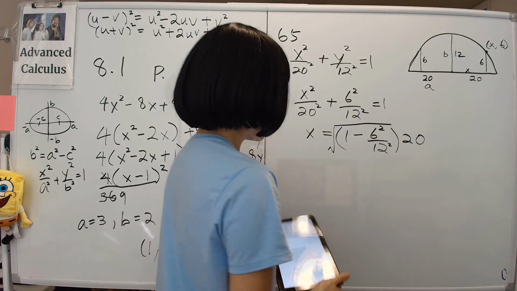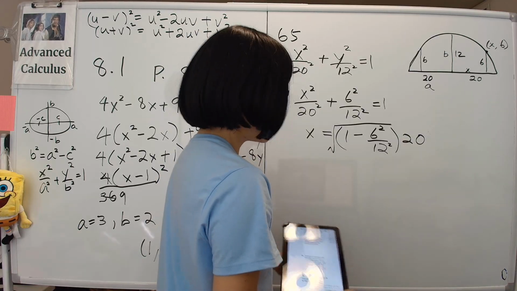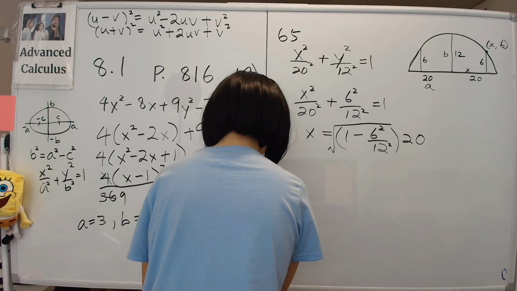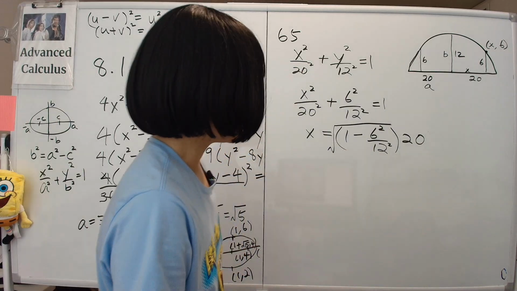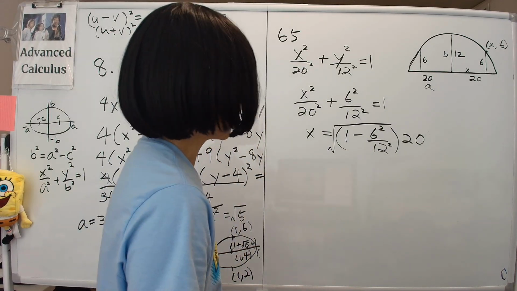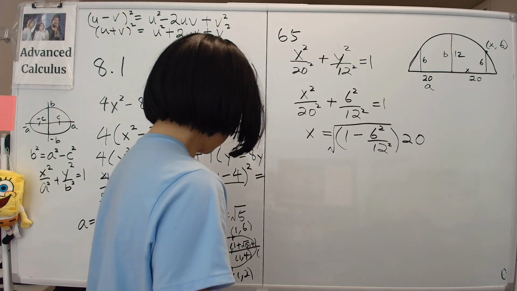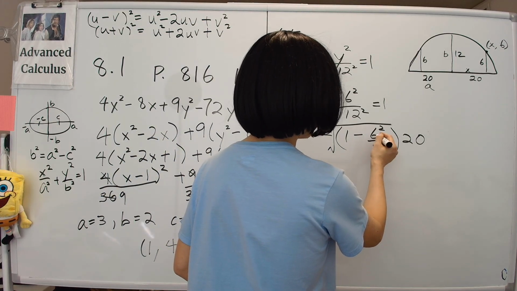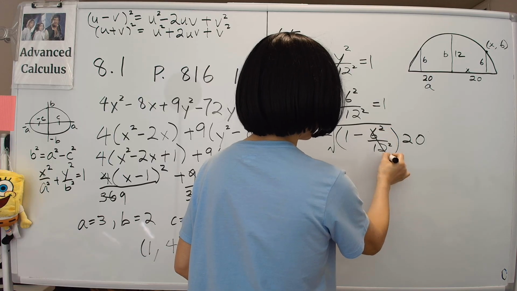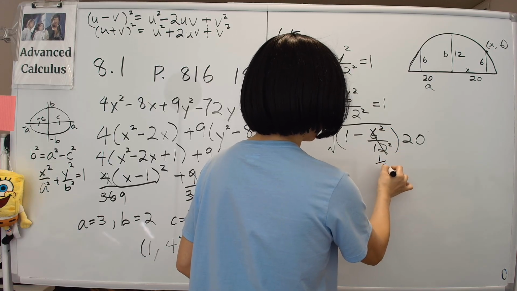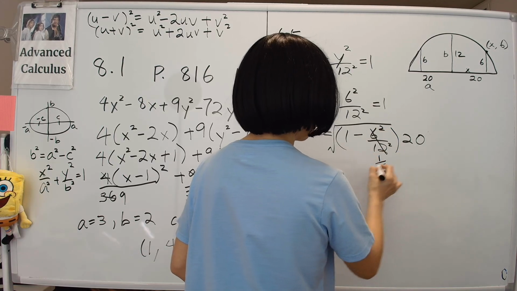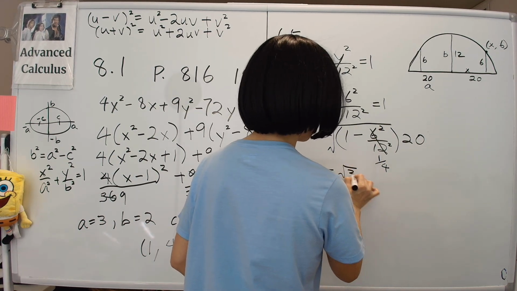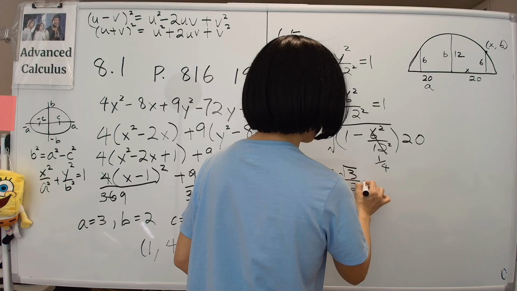At this point, we could just use the calculator. But in reality, 6 over 12 cancels out and becomes 1/2, so this whole thing is just 1/4. And so 1 minus that is the square root of 3/4, or square root of 3 over 2, times 20.